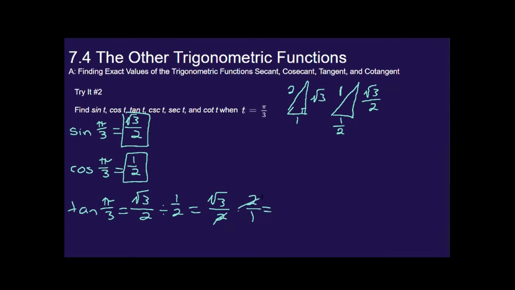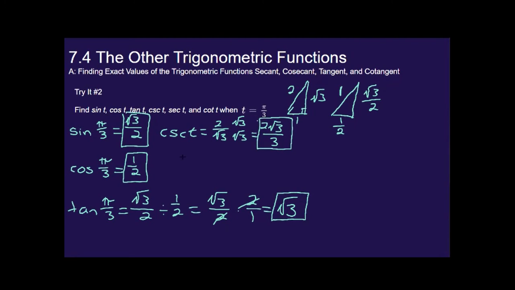And I can get rid of these 2's, and I'm left with square root of 3. So the tangent of pi over 3 is square root of 3. Now I'm going to use these to find cosecant, secant, and cotangent. So cosecant of t is equal to 2 over the square root of 3, and I need to rationalize that denominator. Always, always, always rationalize the denominator. 2 square root of 3 over 3.